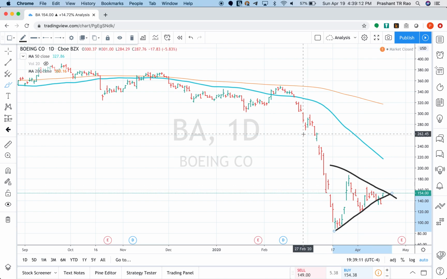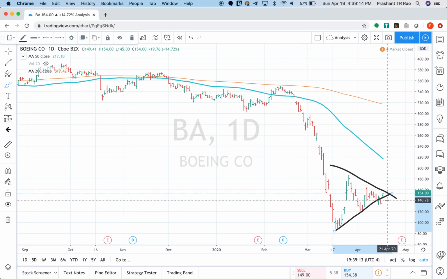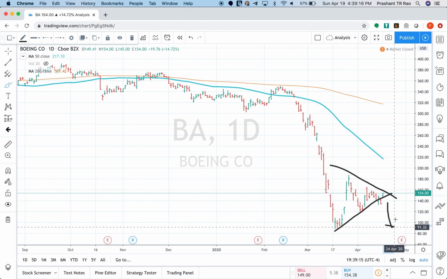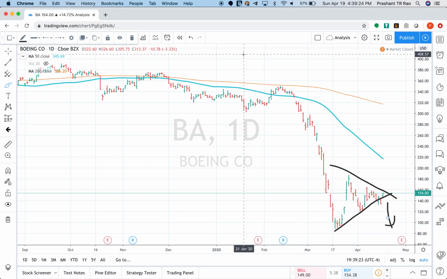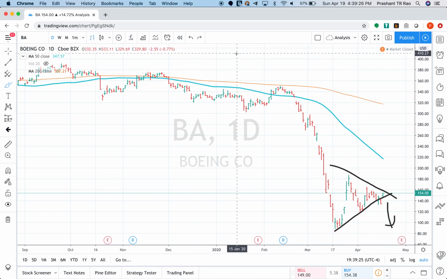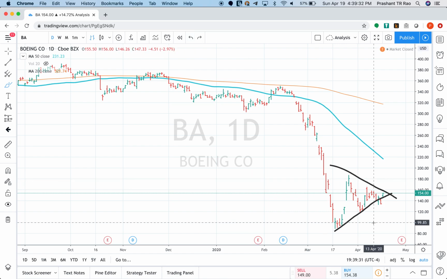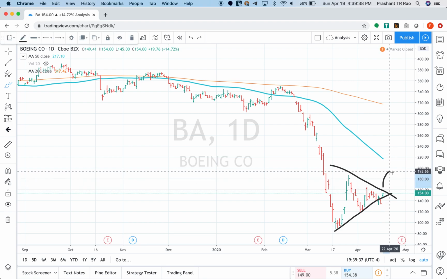That means that if you're headed downward, you're going to head downward from here, and that's usually what happens. However, in this case, it's a little hard to say because we've seen the 200-month moving average being hit. So I would imagine that we might see a move up here.